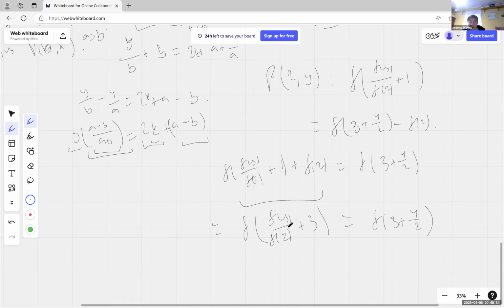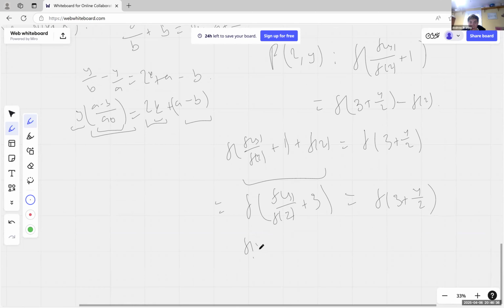Because of injectivity, we get f of y over f of 2 is equal to y over 2. And cross multiplying gives you that f is linear. And you can actually show that this is satisfied for all constants c. So we have f is cx for all x for some constant c.